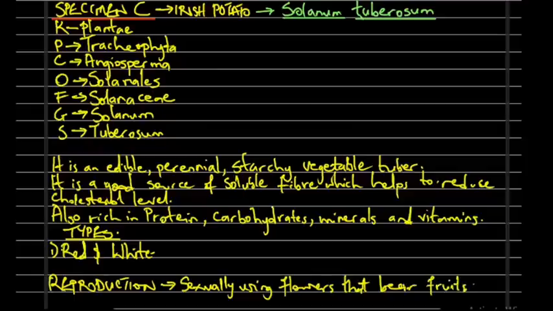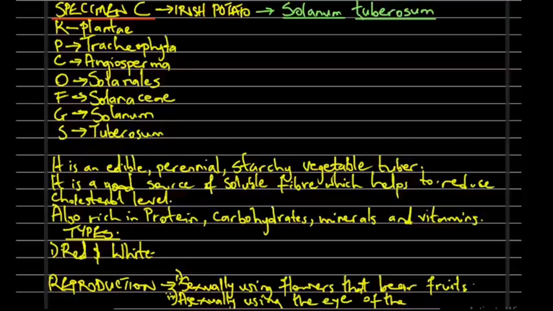That is one way it can be produced, and it can also be produced in another way, that is asexually, using the eye of the potato. It can also be produced asexually using the eye or the eye spots of the potato plant itself.